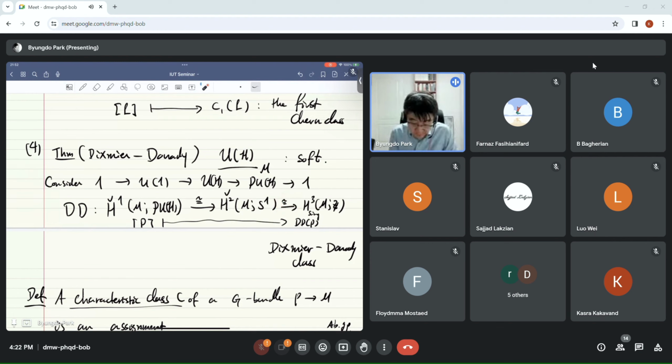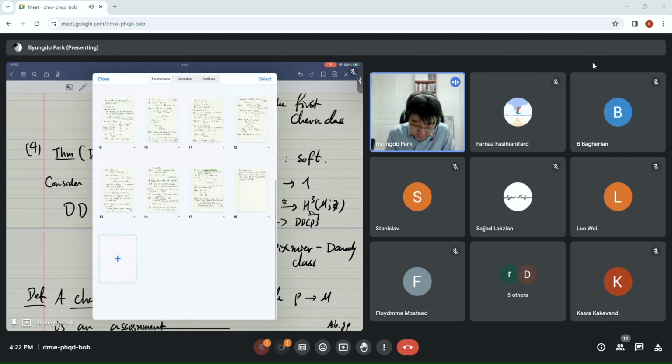So then an element in here was an isomorphism class of principal PU(H) bundle that corresponds to degree 3 integral cohomology class, which is DD. But I said that, but I didn't give you a construction of it. So the proposition that I'm trying to explain now has to do with this construction.